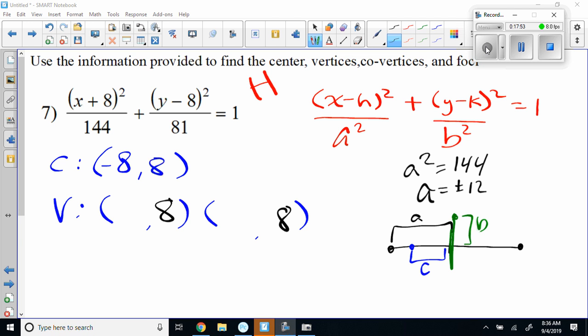What if I go 12 from negative 8? Where do I end up at? To the left, if I go down, how much? Negative 20. Yay or nay? So the whole length of that would be 24, right? But from the end points to the center would only be 12, right? That's 8. Right? Yes?